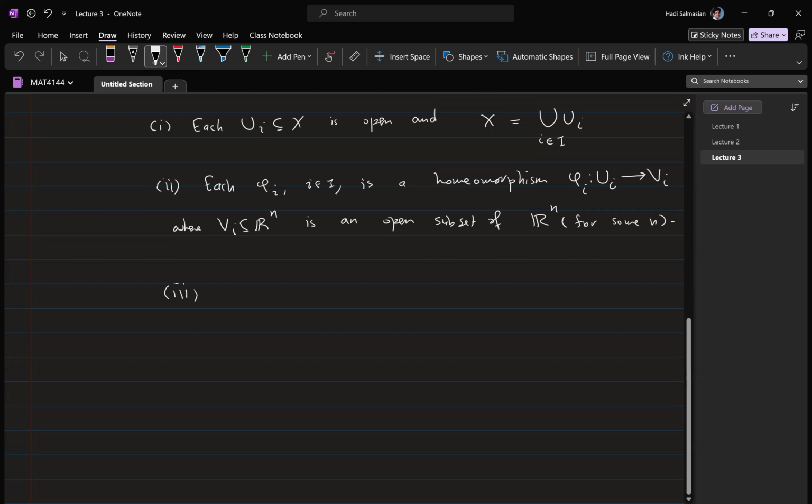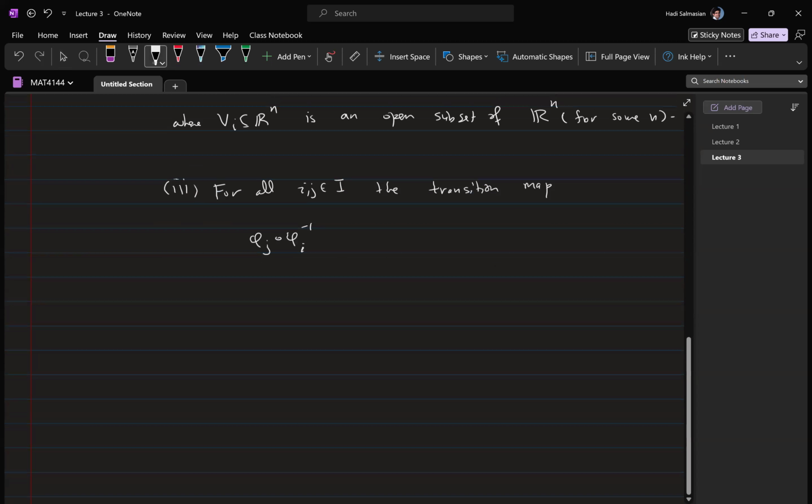And the third condition is that we want the transitions between the phi_i's to be Cp maps. So for all i and j, the transition map is the one that goes first via the inverse.